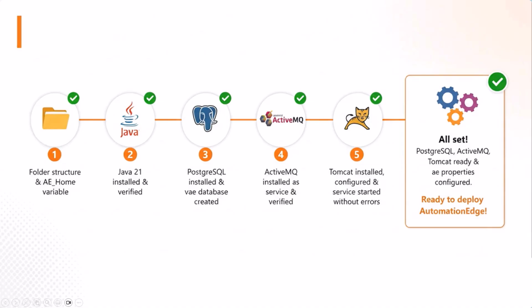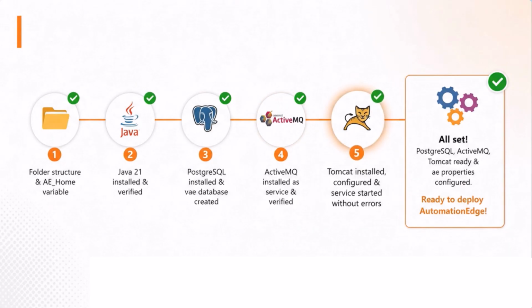Before we deploy AutomationEdge itself, let's quickly recap what we've set up so far. We created our folder structure and the AE home variable. We installed Java 21 and confirmed it from the command line. We installed PostgreSQL and created our VAE database with a dedicated user. We installed ActiveMQ as a Windows service and verified it from the admin console.